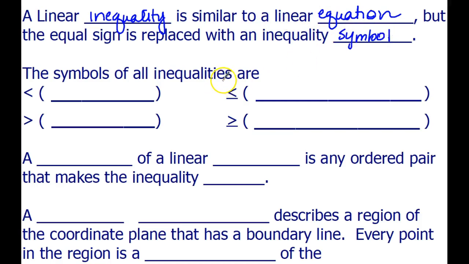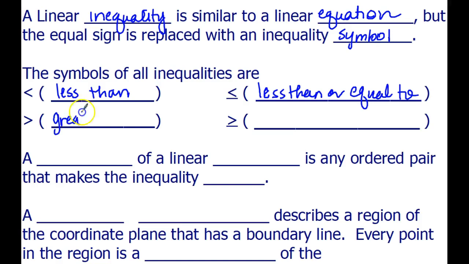The symbols of all inequalities are: this would be less than, this will be less than or equal to. Beautiful handwriting, I tell you. This will be greater than, and this will be greater than or equal to.